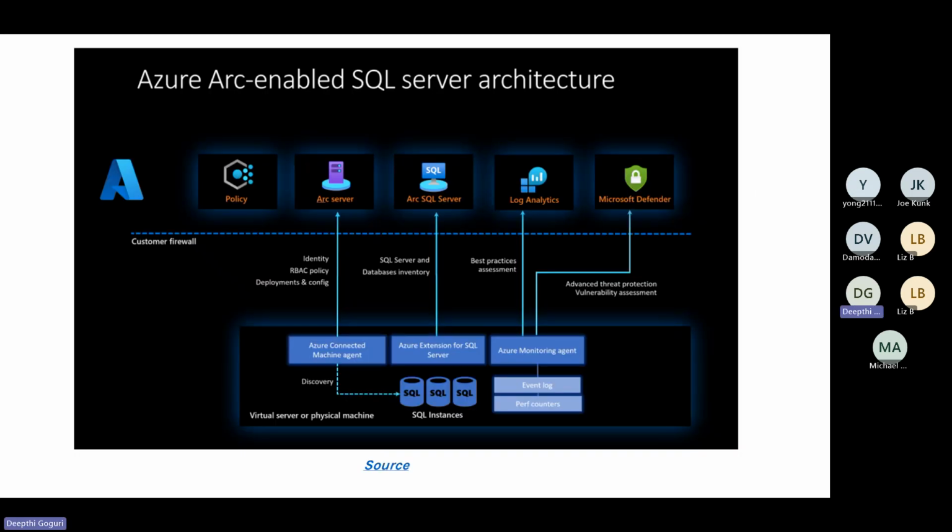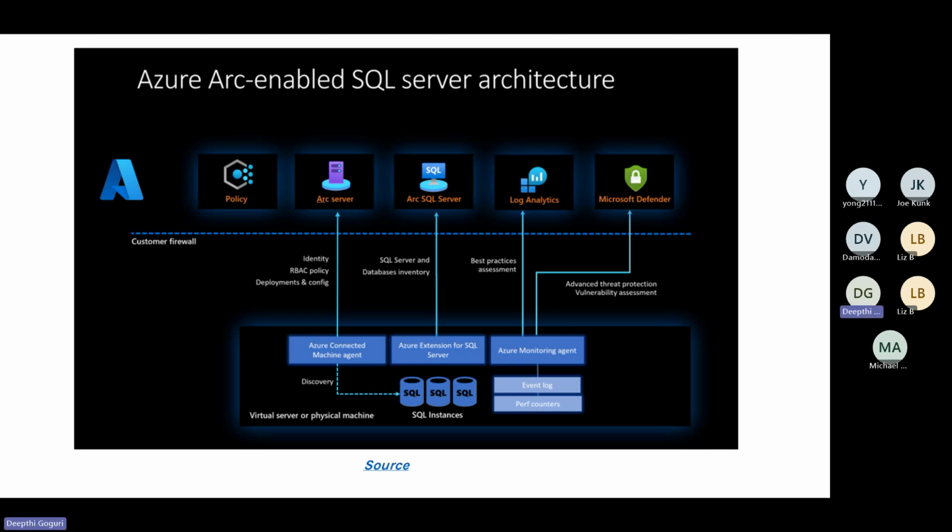So like I said, you need to pull in the SQL Server instances. To make these SQL servers available in Azure, you need these extensions: the Azure Connected Machine Agent, the Azure extension for SQL Server, and the Azure Monitoring Agent. If you see here, first we need to add the Windows machine itself.